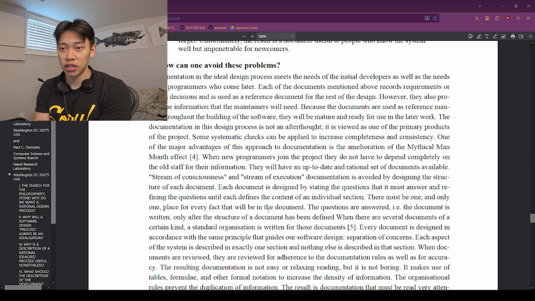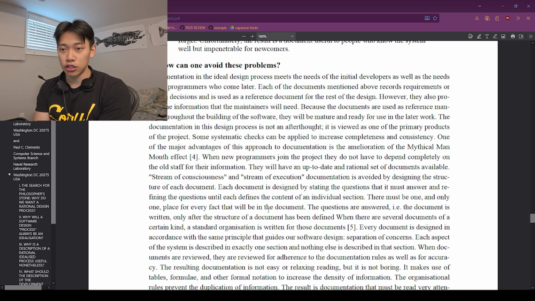The documentation in this design process is not an afterthought. It is viewed as one of the primary products of the project. Some systematic checks can be applied to increase completeness and consistency.